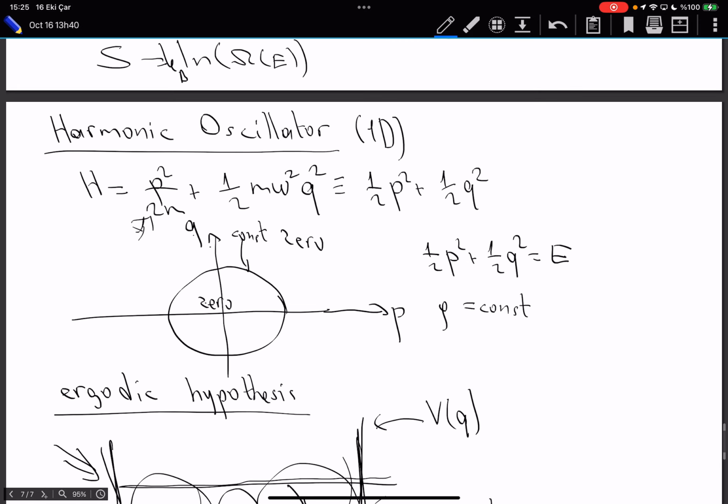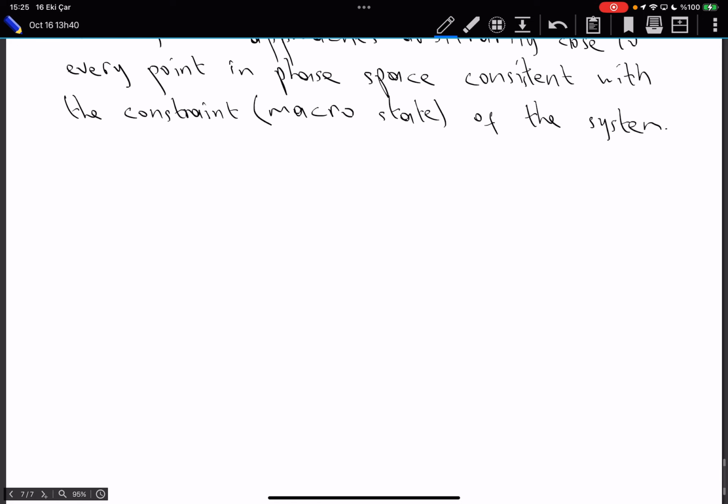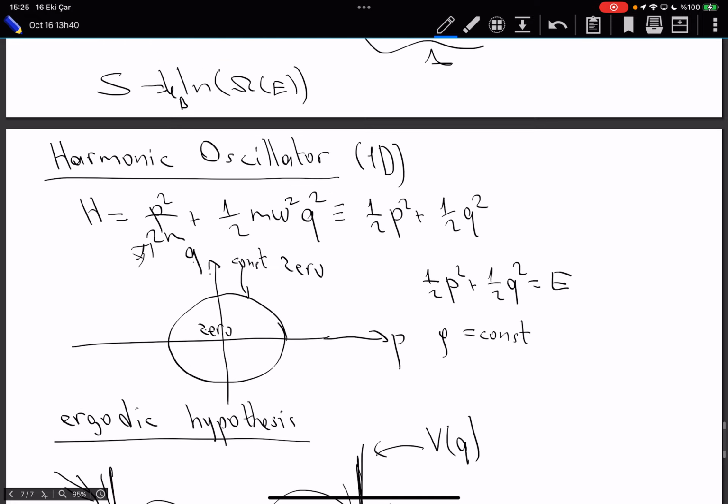Now let's go back to the harmonic oscillator. In our last few minutes, let's look at this omega zero factor for the harmonic oscillator. Omega will be the integral of dp dq divided by omega zero, with sigma of E. And let me just use this expression for the Hamiltonian.